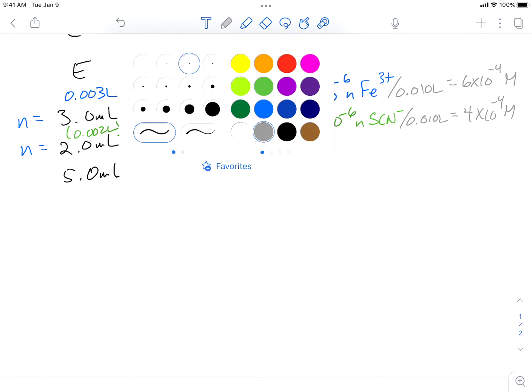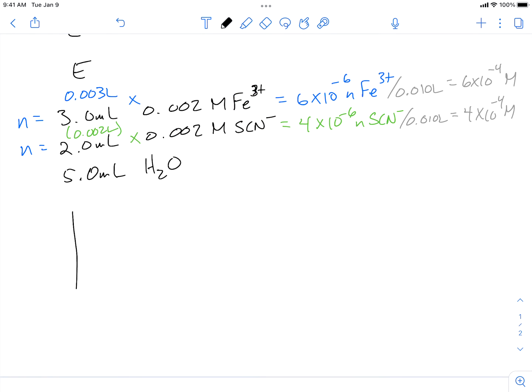I don't have a picture of it, but we don't necessarily need it. It was absorbance versus concentration, a straight line, and the LabQuest gives us our slope and our y-intercept, and we also read the absorbance of our unknown.